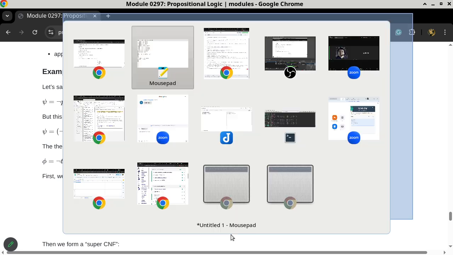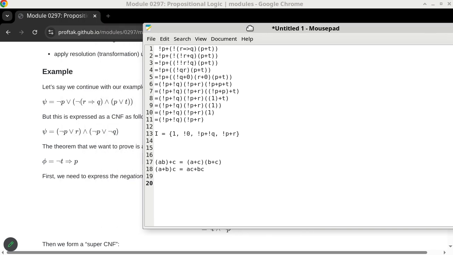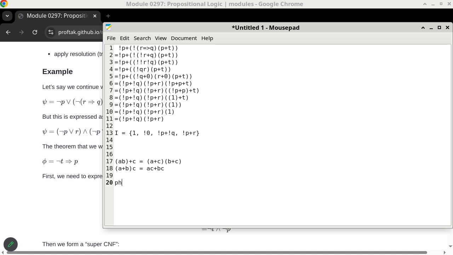So let's do this by hand today. Let me go ahead and copy this so that we can work this out. So we know that phi is not t implies p. The negation of phi is going to be the negation of not t implies p. And then we get rid of all the implications first. So this becomes not t or p.